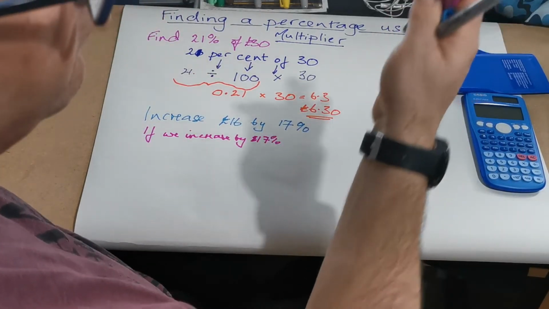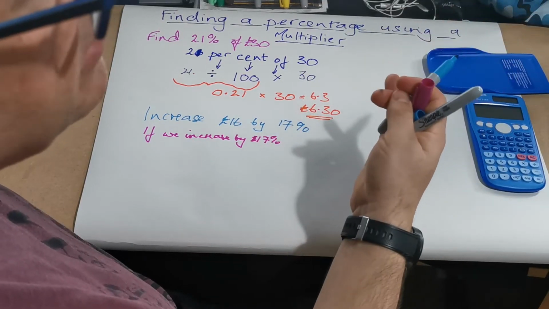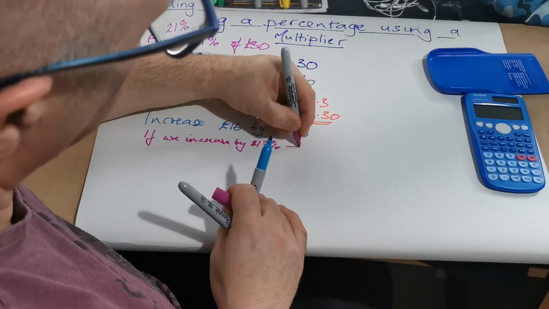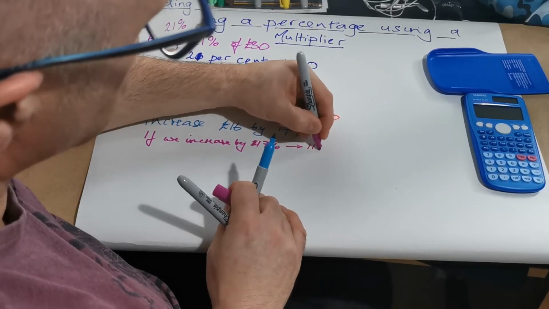We had the original full amount, which was 100%. If I'm going to increase that by 17%, I would now have 117%.